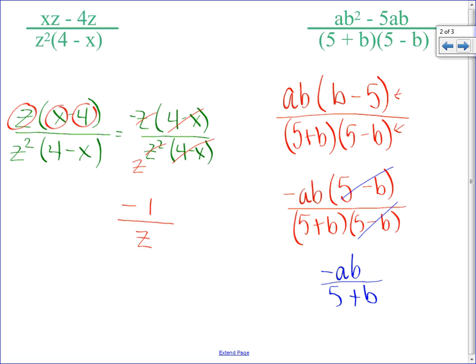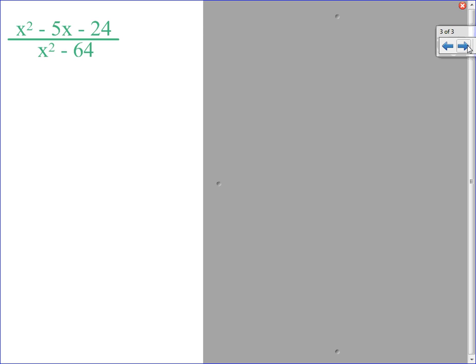Okay, last page then. I'm going to give you guys a head start on factoring this one and see if you can cancel out the factors that we can get rid of. So factor the top, factor the bottom.